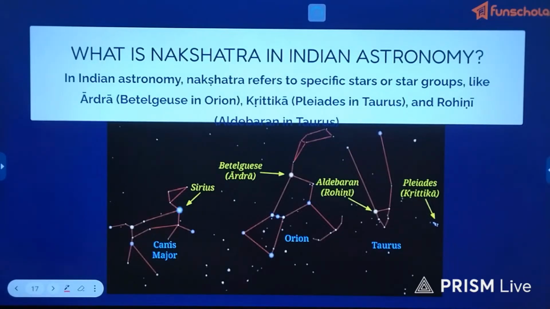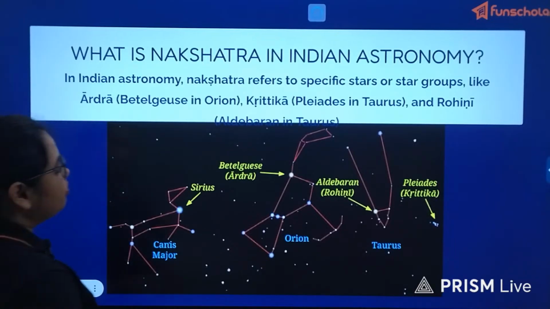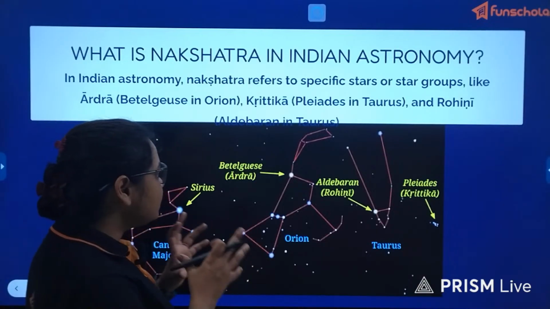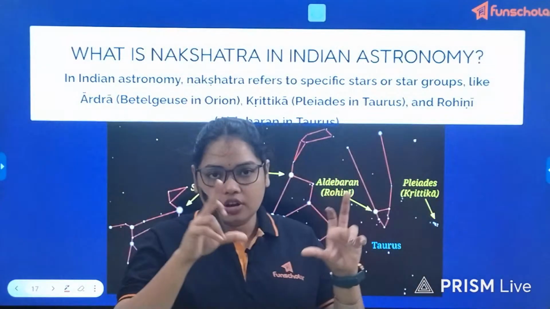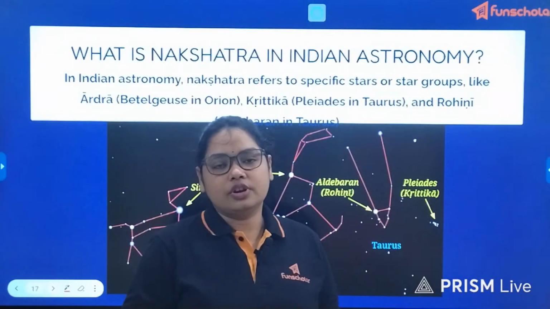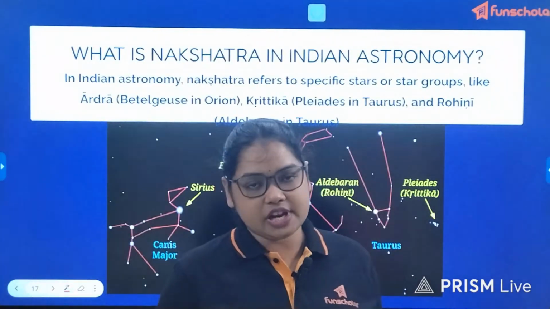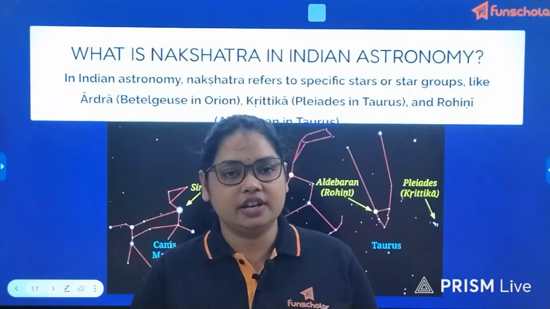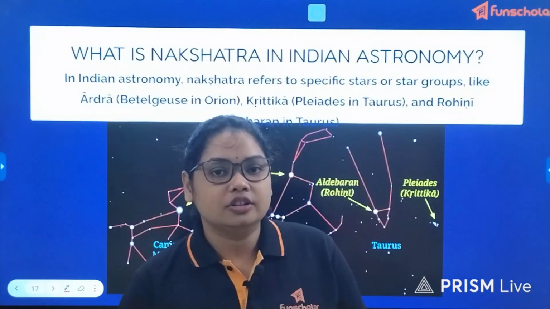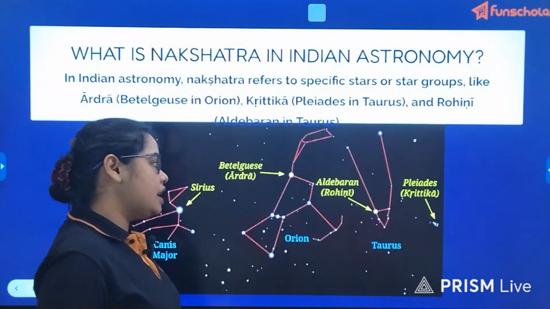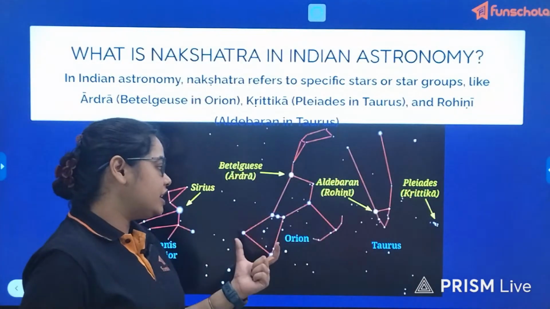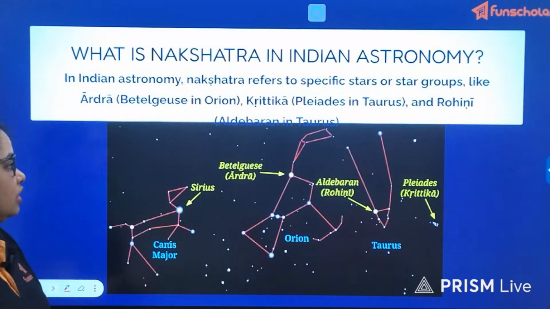Then there is nakshatra in Indian astronomy. Nakshatra refers to the specific star or star groups. The constellation is a group of stars, and nakshatra is actually the Hindi term for star. So a particular star in the constellation is known as the nakshatra.